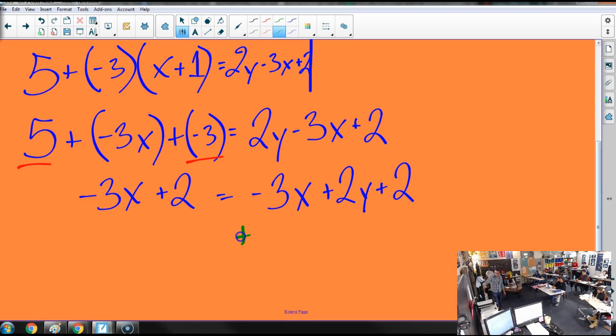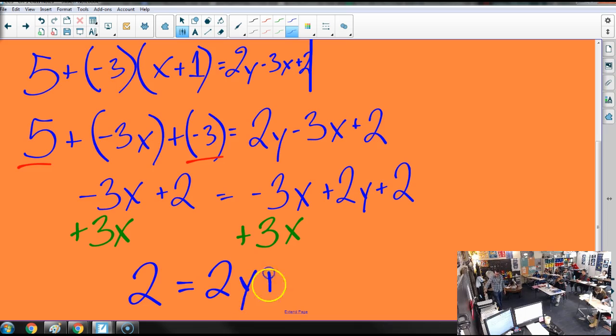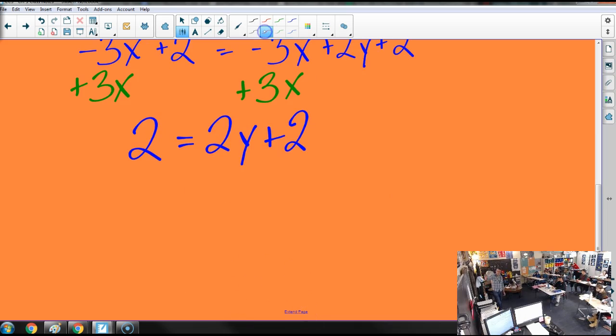I'm adding, so my preference is green. This comes out to be 2 equals, gone now, 2y plus 2. So then, if we subtract 2, 2y equals what? 0.